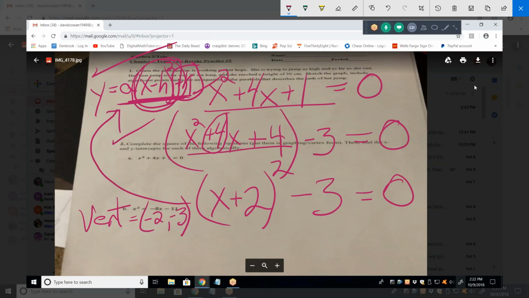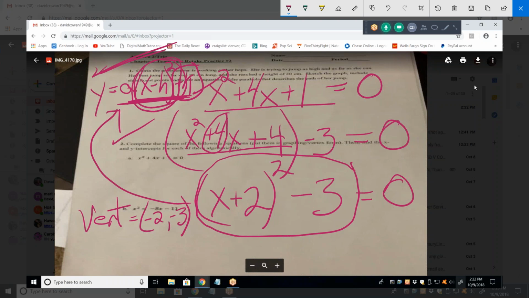Once you know the general formula, then you try to make your equation look like that formula. And that's what we did, by completing the square. But notice how similar that looks. A is 1. H is minus 2. K is minus 3. So immediately we know where the vertex is.